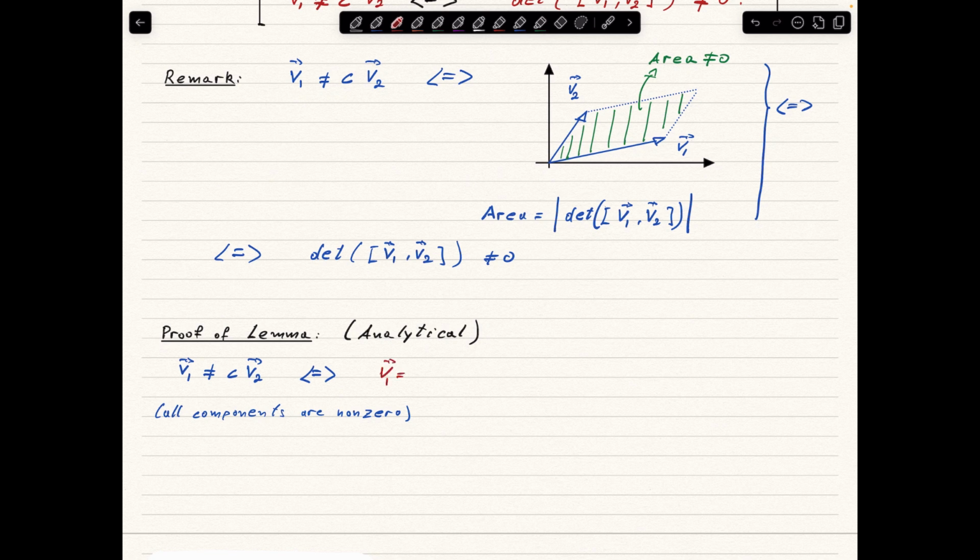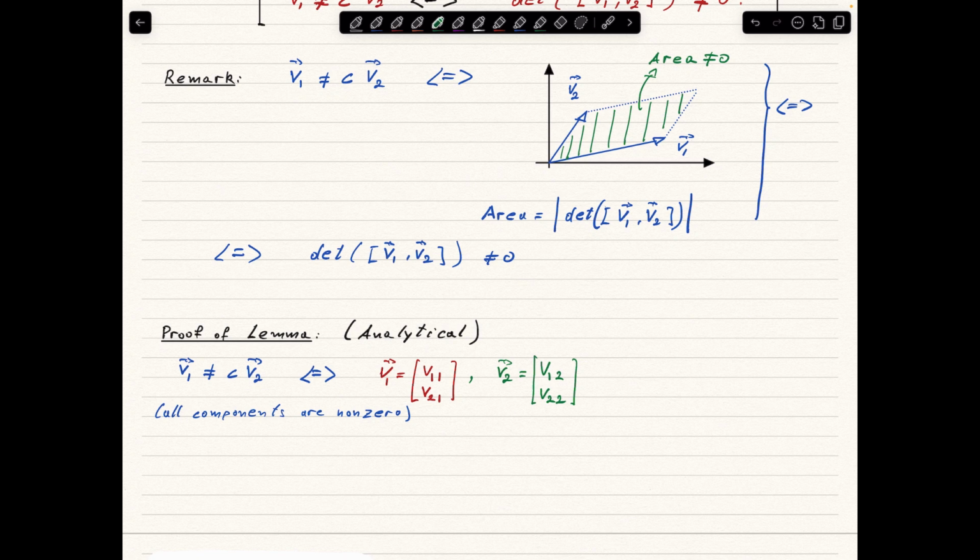This is vector 1, with component 1 and component 2 of vector 1. This is going to be our vector V1, and let's use green for vector 2, which is going to have component 1 of vector 2 and component 2 of vector 2.